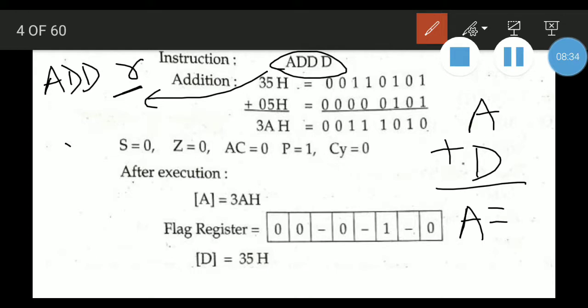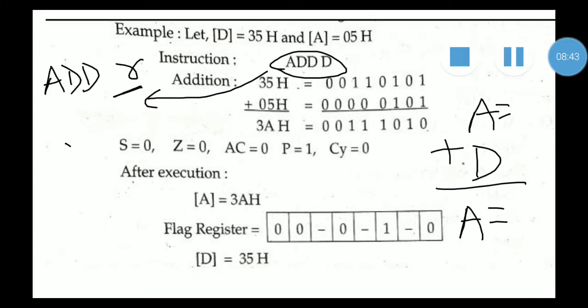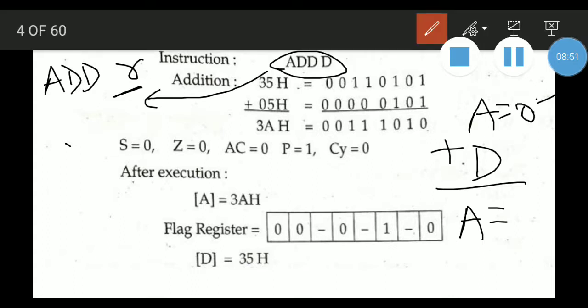In the accumulator we have 05. In register D we have 35. Since it is a hexadecimal number, I will show you on the screen how the calculation is done.